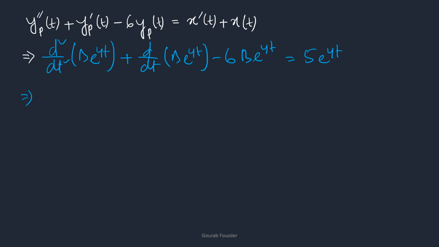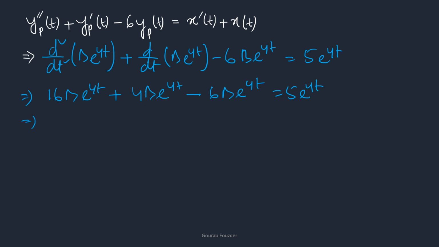The double differentiation of b e to the power 4t is 16 b e to the power 4t, plus the differentiation of b e to the power 4t is 4 b e to the power 4t, minus 6 b e to the power 4t is equal to 5 e to the power 4t.